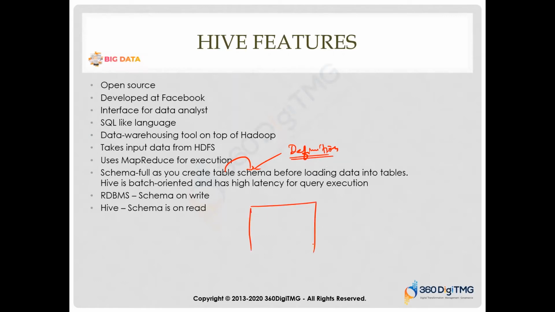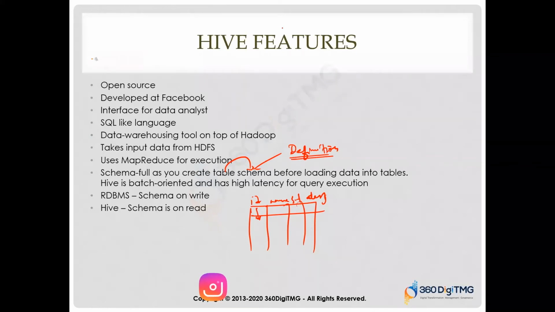If I have a table, for example an employee data set, I would have employee ID, employee name, let's say salary and designation. If I take a small example here, what kind of data should be stored in this column? Integers, right? The data type is integer.